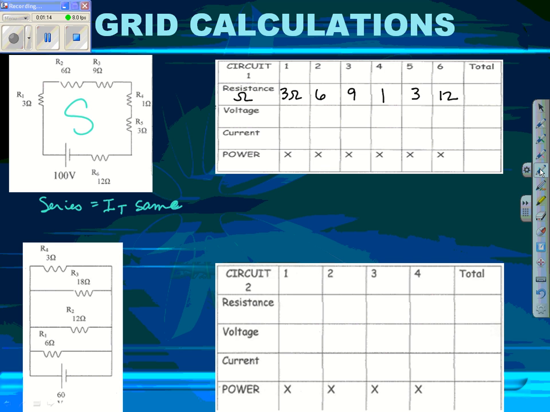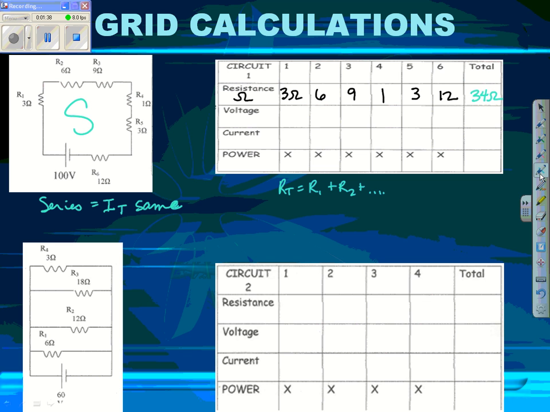Because this is a series circuit, we are just going to go ahead and add all of these, because to find your total resistance, it's R1 plus R2 plus so on and so forth. So when you add 3 plus 6 plus 9 plus 1 plus 3 plus 12, you end up with a total of 34 ohms. Okay.